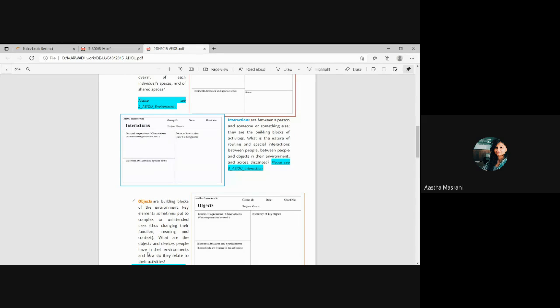That you have to write by pen, not by sticky note. So just keep it for a while. Sorry for this. Okay, just keep it over your desk. Till then, I will explain the interaction, objects, and the users.